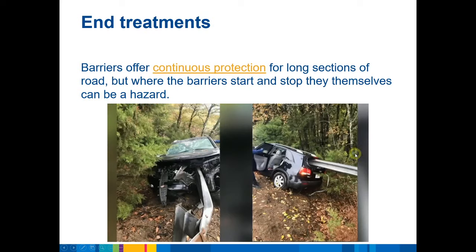Now, I want to talk about end treatments. I promised before that we would come back and talk about one of these really cool end treatments on a W-beam barrier. Here you can see the importance of appropriate end treatments on barriers, because this vehicle has been speared by a barrier. The barrier that's there ostensibly for safety purposes, if it's not designed correctly or put on properly, you can see that the end of this barrier is still a stiff steel section.